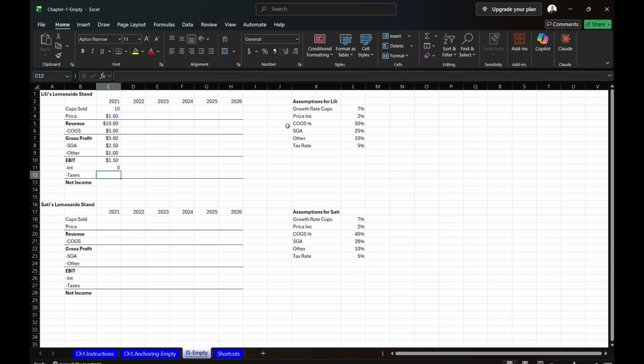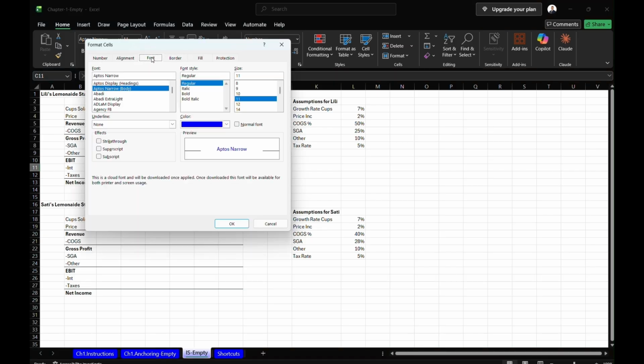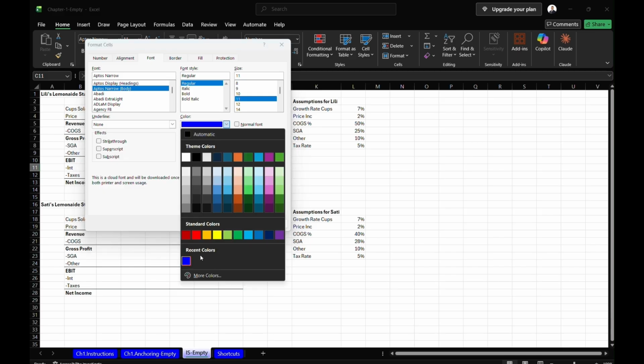And it's good practice, like above here, you see, to make it blue. When you have assumptions and you're hard coding, it's good to put it in blue just so when you look at a big model, you know what's directly typed in and what's not a formula or function. And if I do Control 1 to look at the formatting of this cell, I'm going to go to font. For color, we used a custom color.